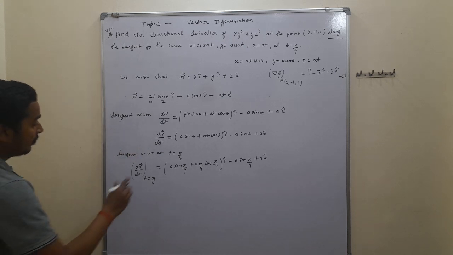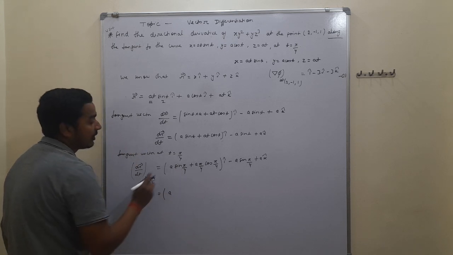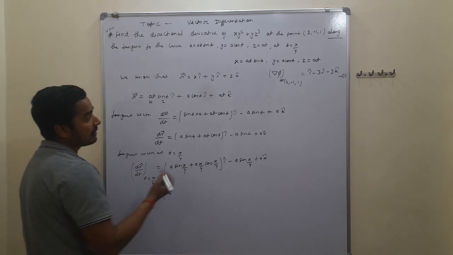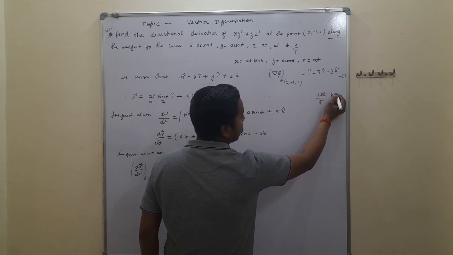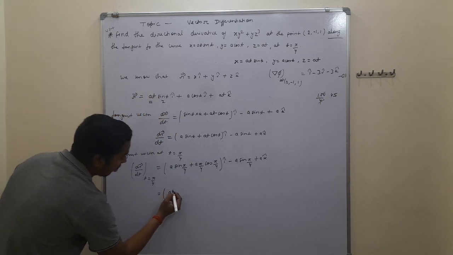And here we can also solve. This is given by a, and the value of sin 45, we know that pi means 180, so 180 upon 4 gives 45. The sine value of 45 is 1 upon root 2.